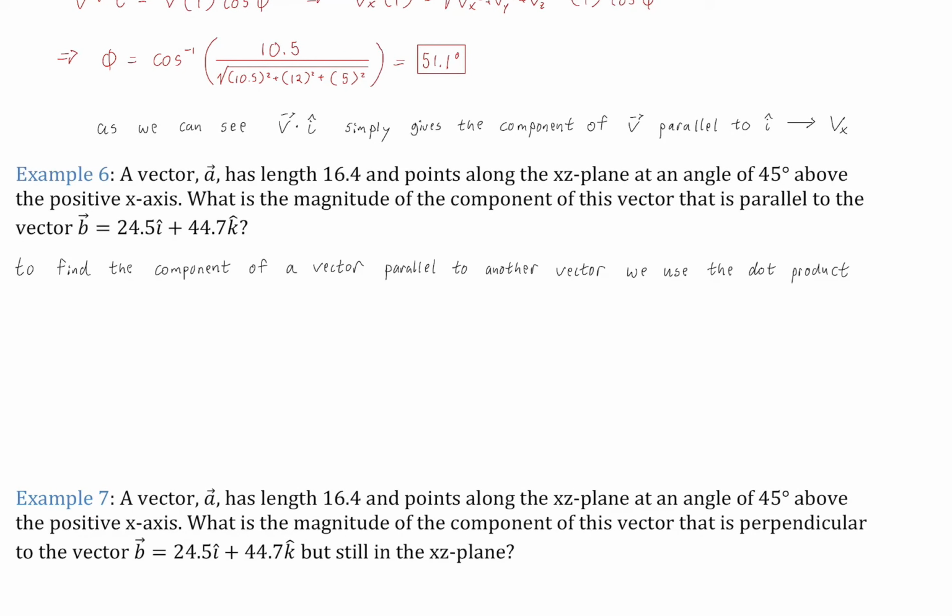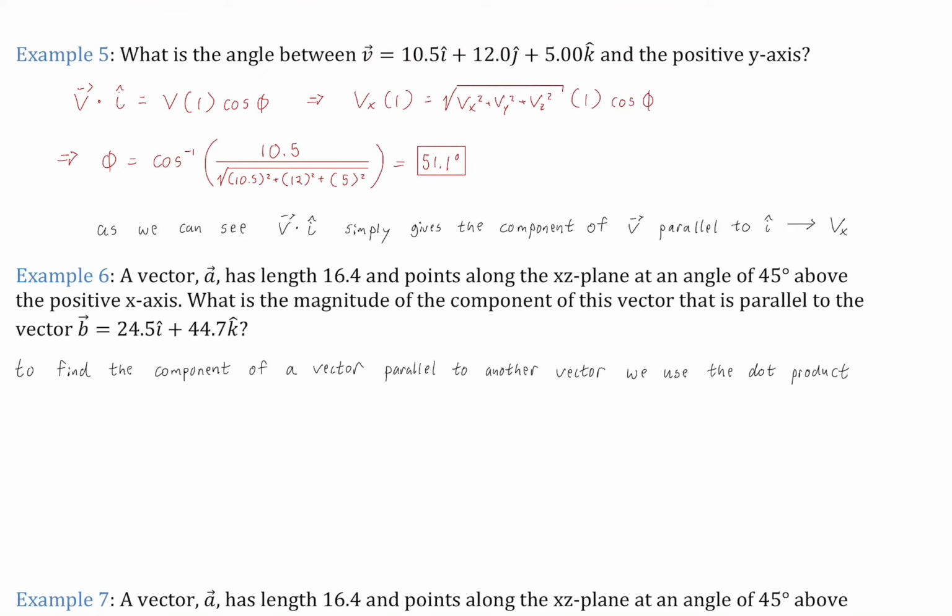A vector A has length 16.4 and points along the xz plane at an angle of 45 degrees above the positive x-axis. What is the magnitude of the component of this vector that is parallel to the vector B equals 24.5 i hat plus 44.7 k hat? To define the component of a vector parallel to another vector, we use the dot product, just like we did up here.